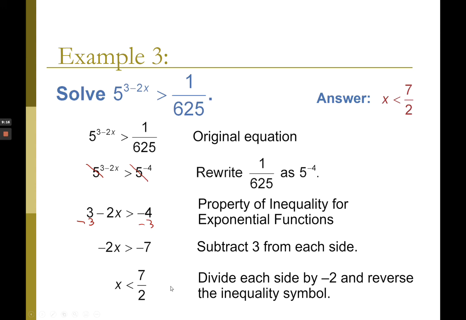Okay, x is less than 7 over 2. Sometimes you are not required to draw the real number line. Sometimes in multiple choice questions, instead of the inequality, it gives you choices with number lines, the graph of the solutions.